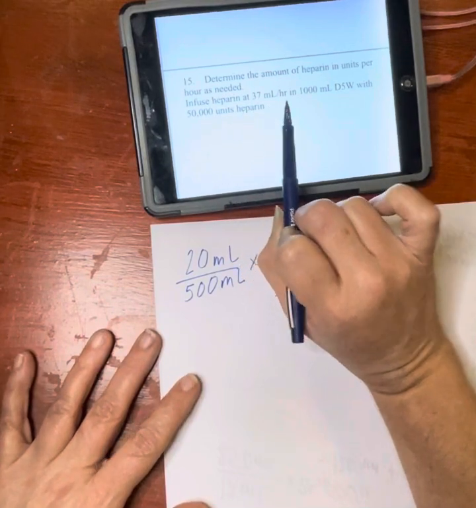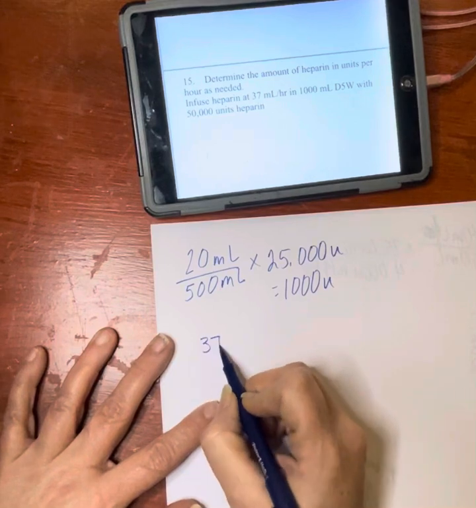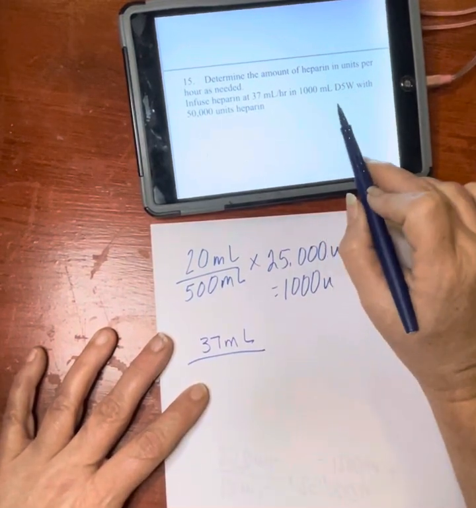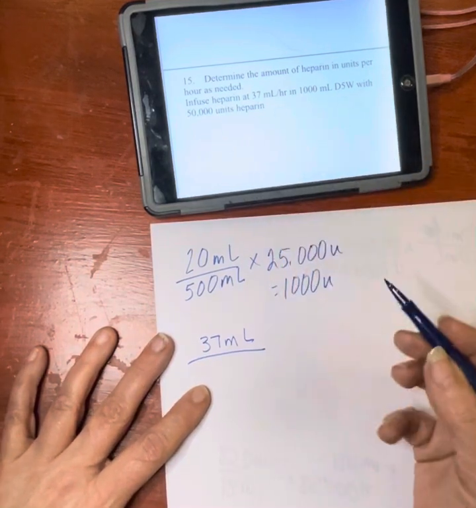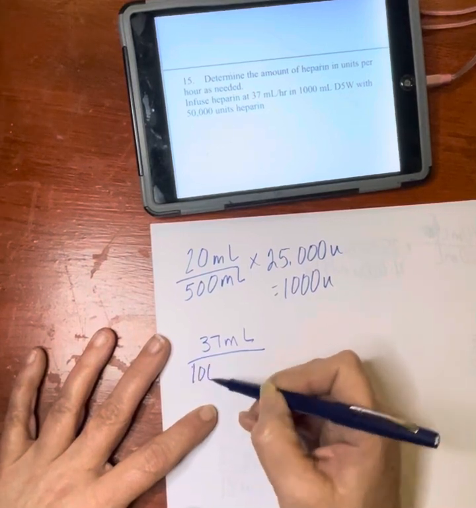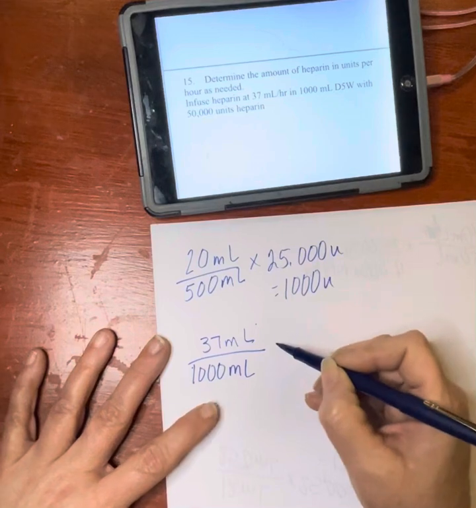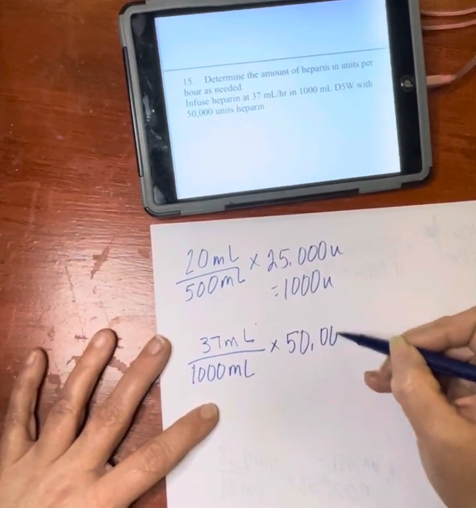Heparin at 37 milliliters an hour. That's the dose ordered. And what we have is 1,000 milliliters of D5W with 50,000 units of heparin. So 1,000 milliliters, because they have to have the same last name, times 50,000.